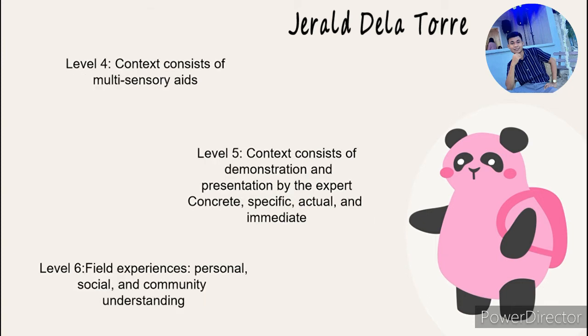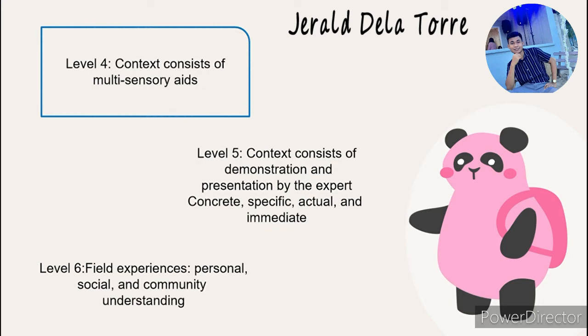Level 4, context consists of multi-sensory aids, and this includes being effective when used as aid in learning, related to contemplative learning, and ineffective if the learner is passive. This means that the context consists of the use of multi-sensory aids as an aid to effective instruction.